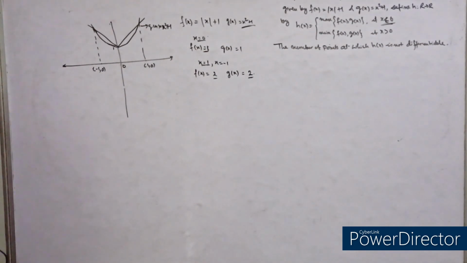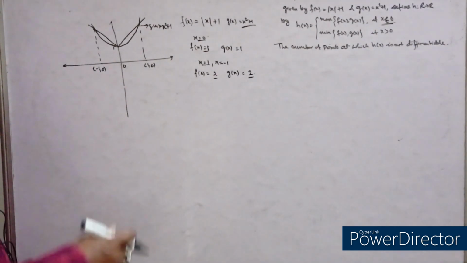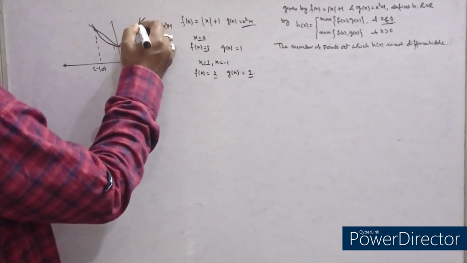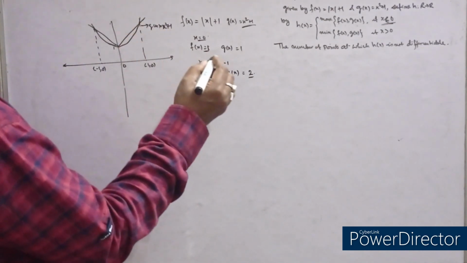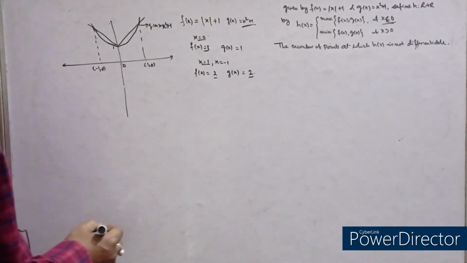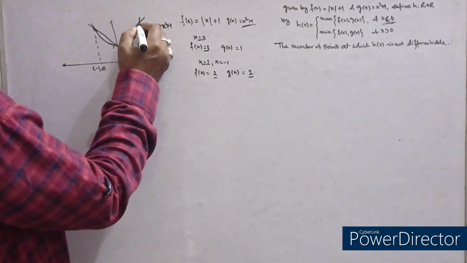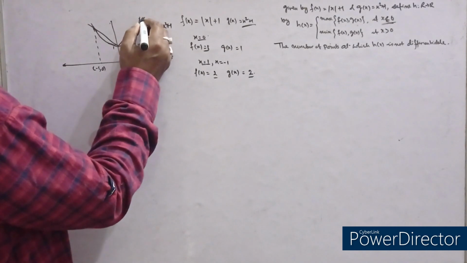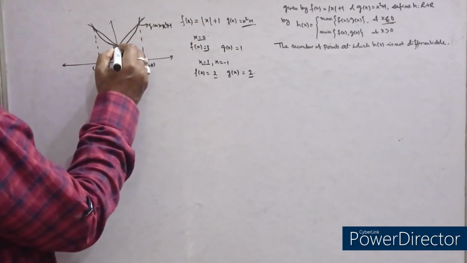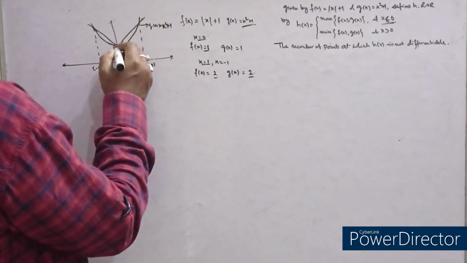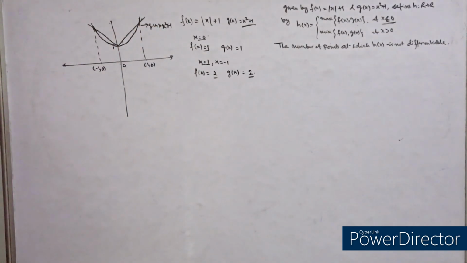The most important point is that when there is a sharp turn at any point, where the graph is going like that, at that point we have to find where it is not differentiable. At this point there is a sharp turning, so at this point it is not differentiable.